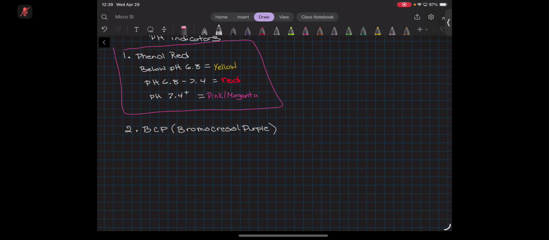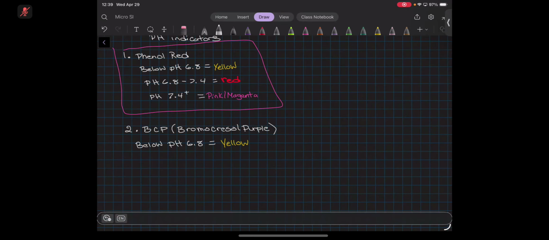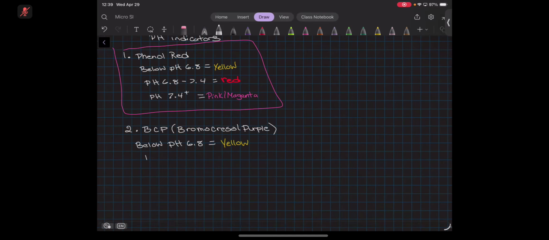Below pH 6.8 equals yellow, and pH 6.8 plus equals purple.